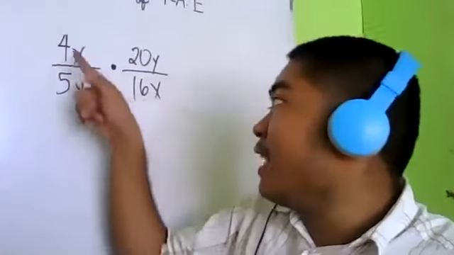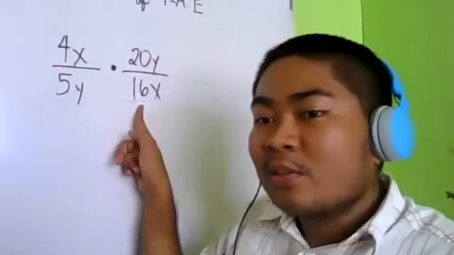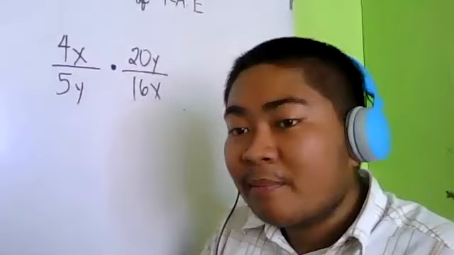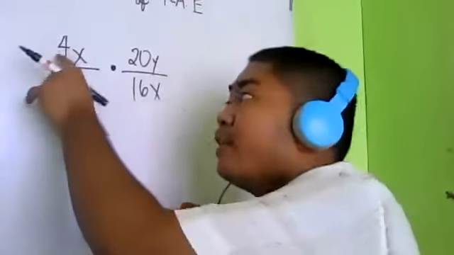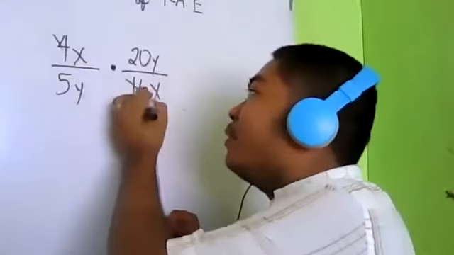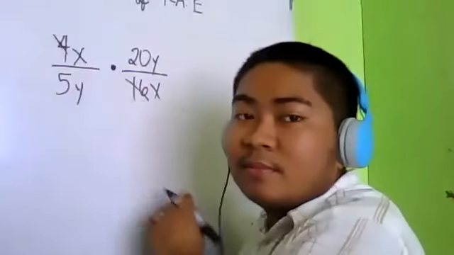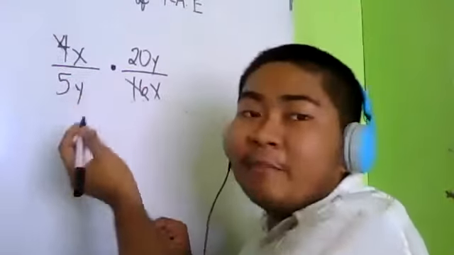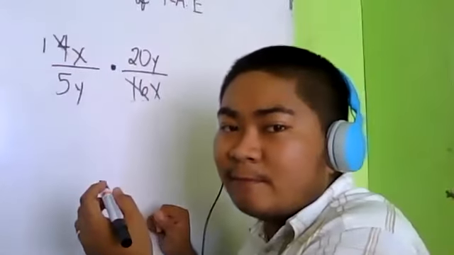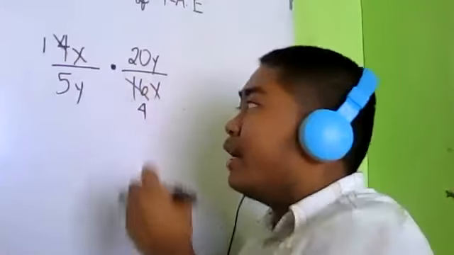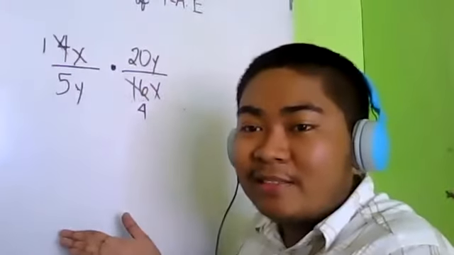So, 4 and 16. 16 and 4 is divisible by 4. Di ba? 4, 8, 12, 16. Therefore, 4. Magiging 4 divided by 4 is 1. 16 divided by 4 is 4. Lumate na ba yung numbers?